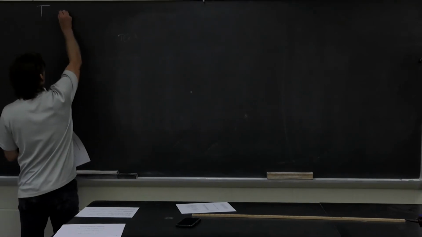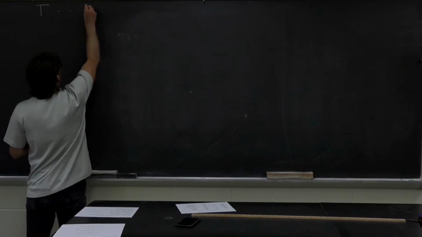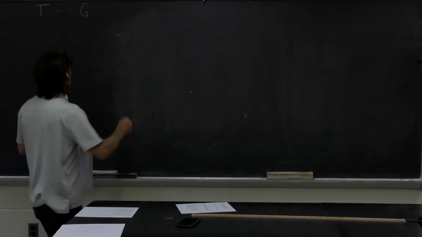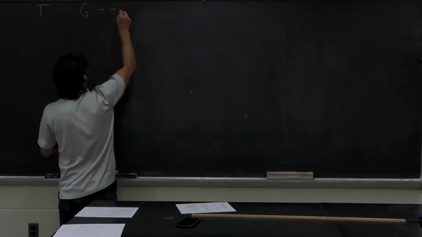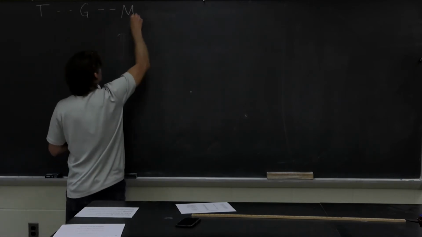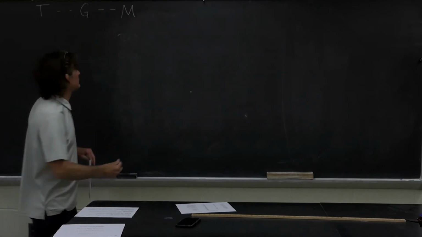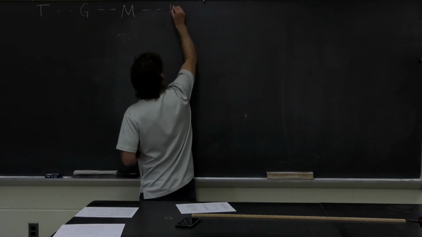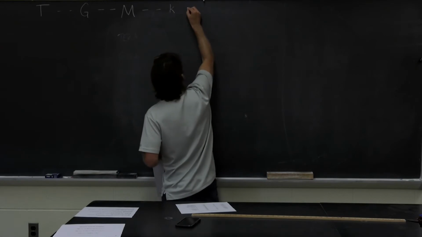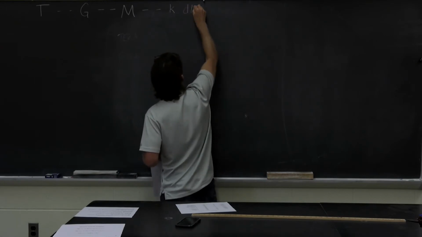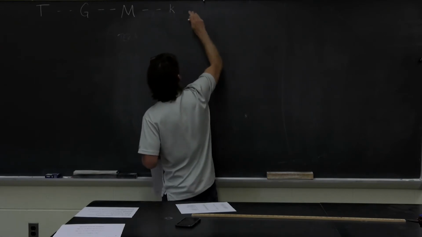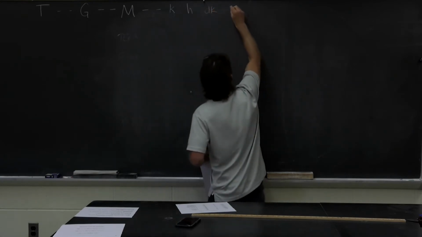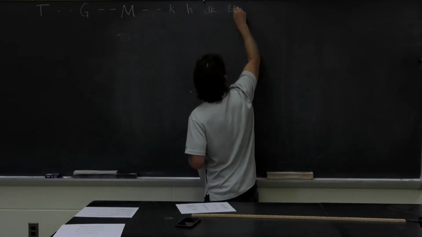So I'm going to put 2 dashes, and then a capital G for giga, and then 2 dashes, and then a capital M for mega, and then 2 dashes, and then a little k, and then an H, and then a DK, and then I'm going to just write my base unit here.